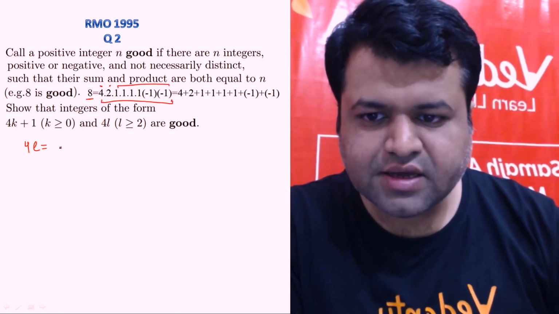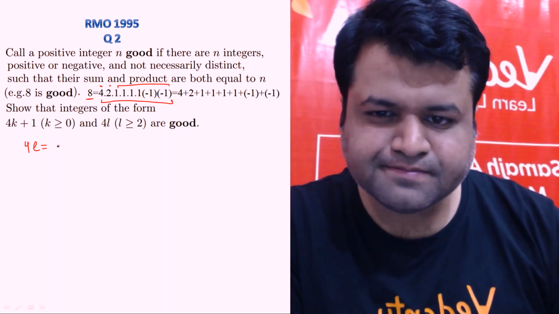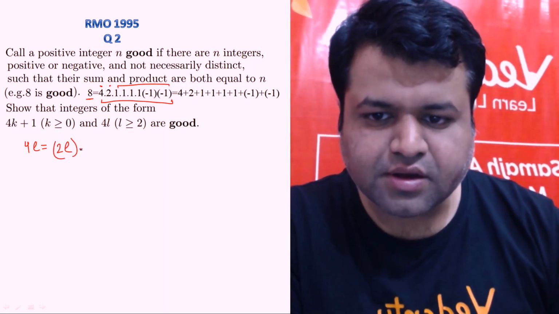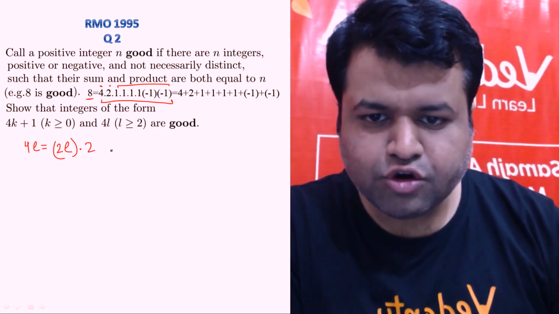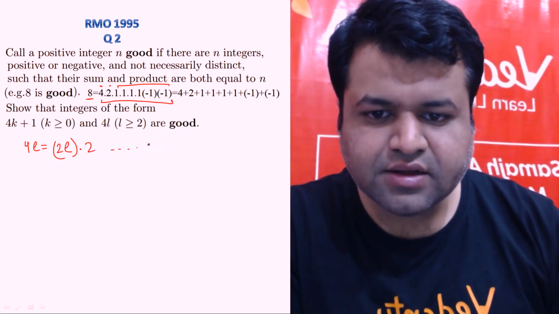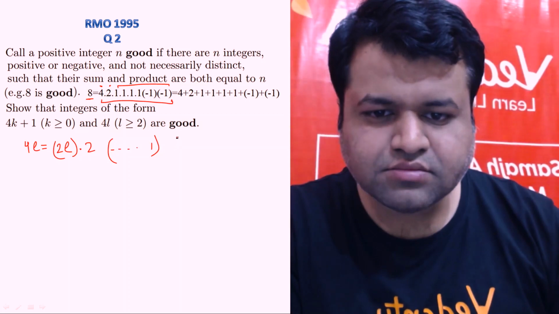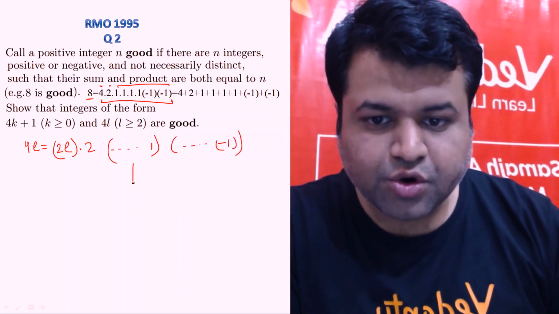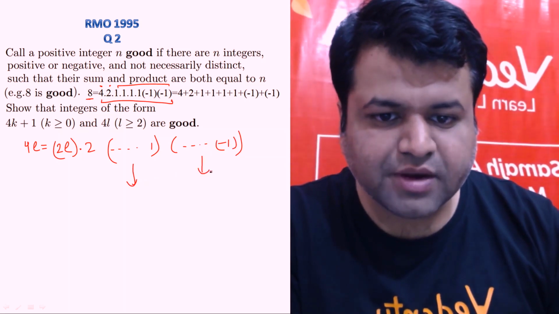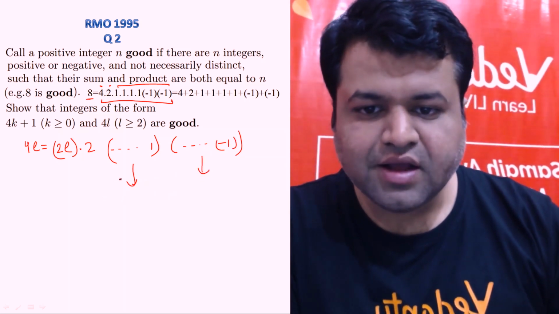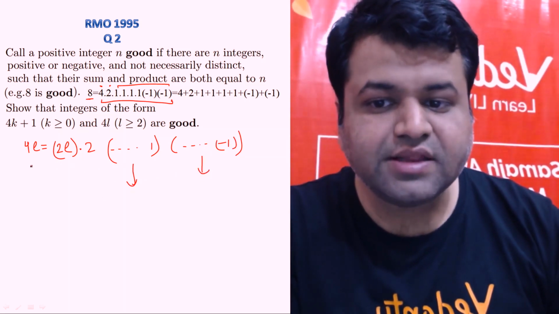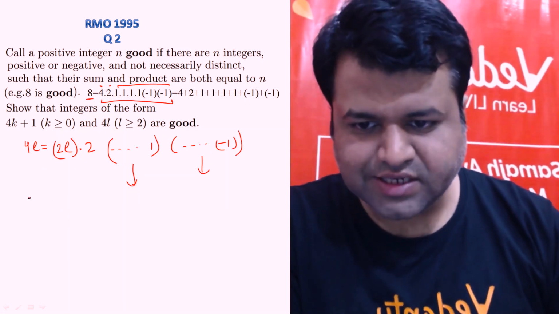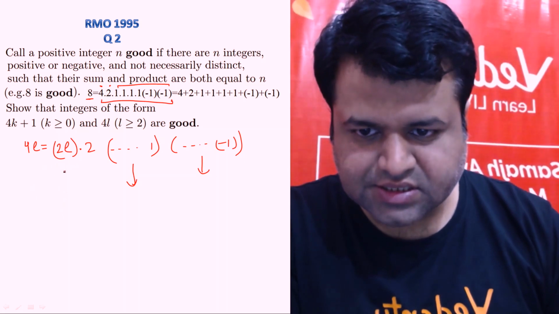So we will write here 2l into 2, followed by some 1s and some minus 1s. This is what we need to decode: how many 1s and how many minus 1s there should be. We also need the sum to be 4l and the product to be 4l. Let's discuss this.